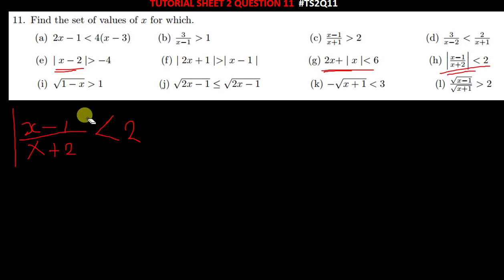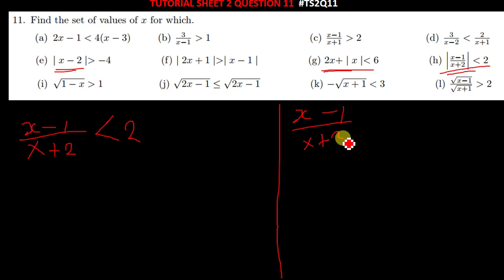The positive part is just the same equation. Then the negative part, you say x minus 1 over x plus 2 being greater than negative 2.